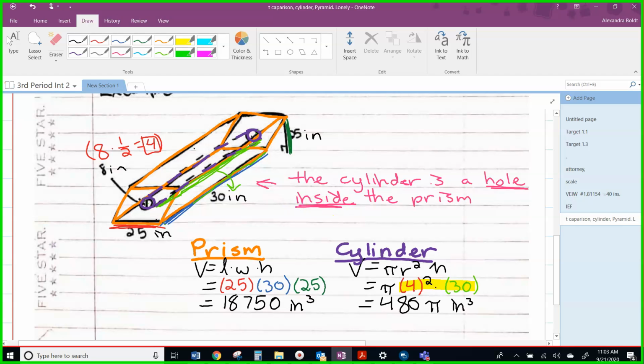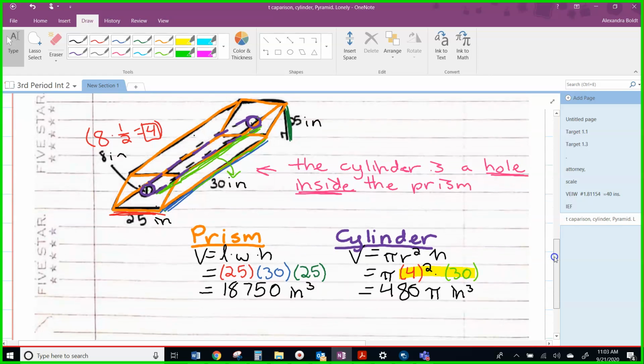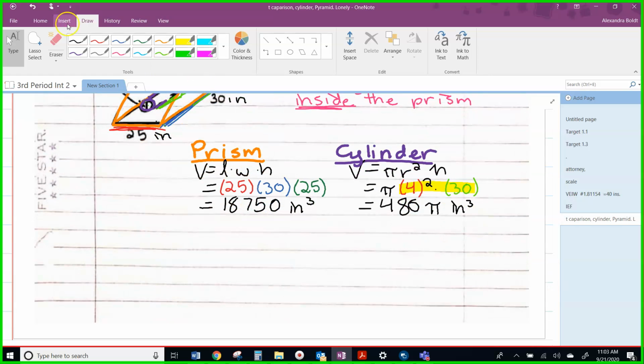When it's inside and it's a hole, right, you really took that volume away. I started with this bead, I drilled a hole straight through the middle of it, and so I removed a piece of it. So if I'm removing something, then I'd be subtracting. So anytime it's inside the other shape, you're going to do subtraction.